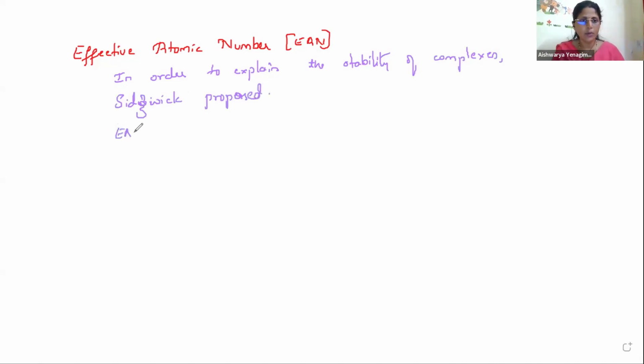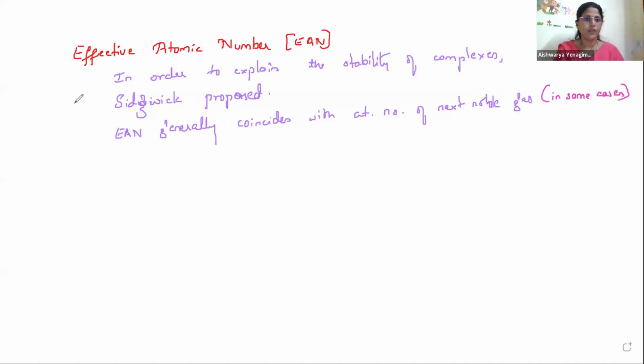So effective atomic number generally coincides with the atomic number of the next noble gas, in some cases.